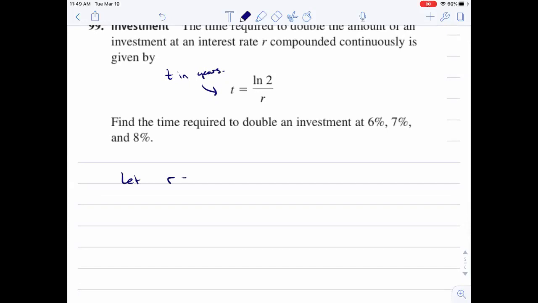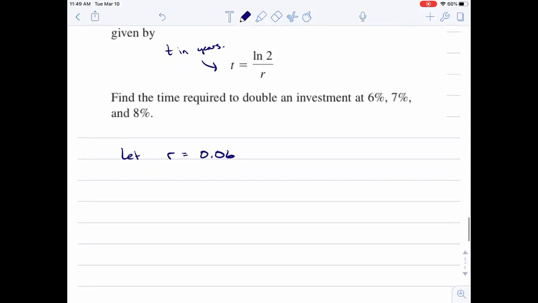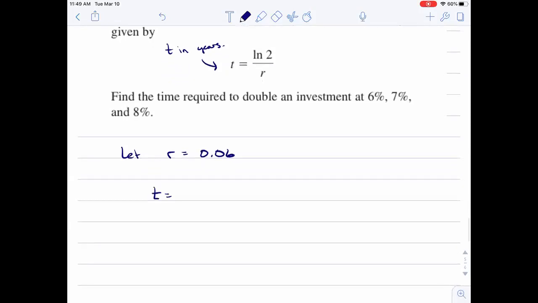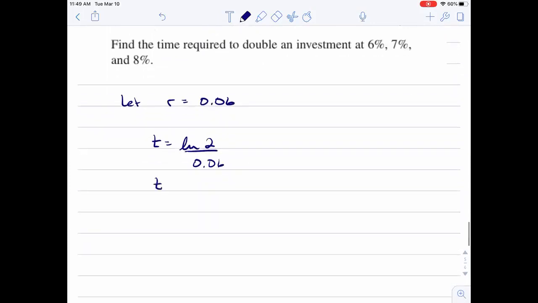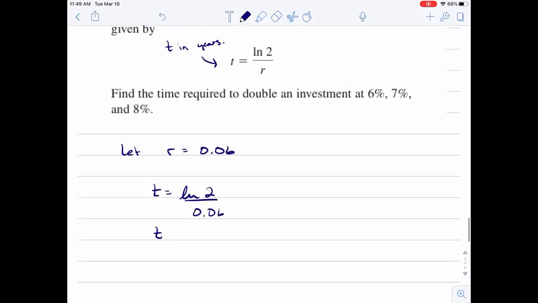If we let r be 0.06, for example, 6%, then whatever we're investing, t is the natural log of 2 over 0.06. Now, it's important to start recognizing that this is the exact answer, right?